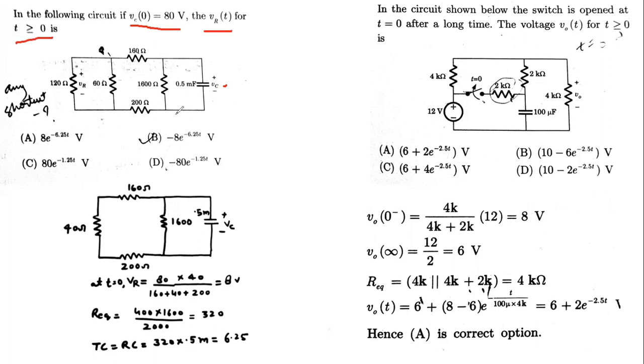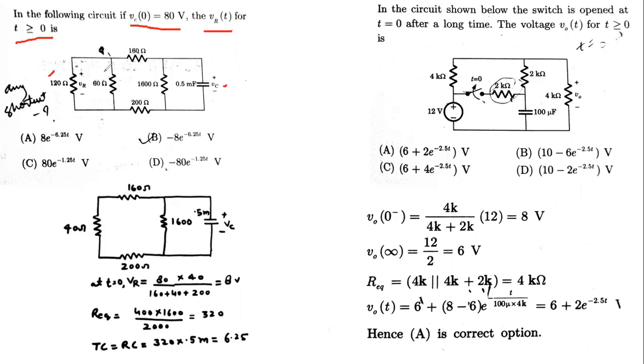So see, at t equal to 0, the capacitor is represented as a short circuit, or it has only an initial voltage of 80 volt. So this 80 volt is divided across all these resistances.